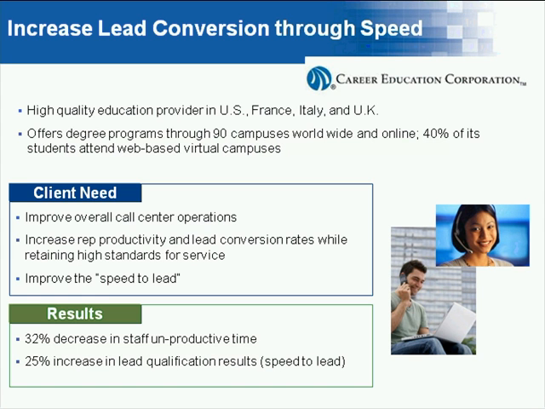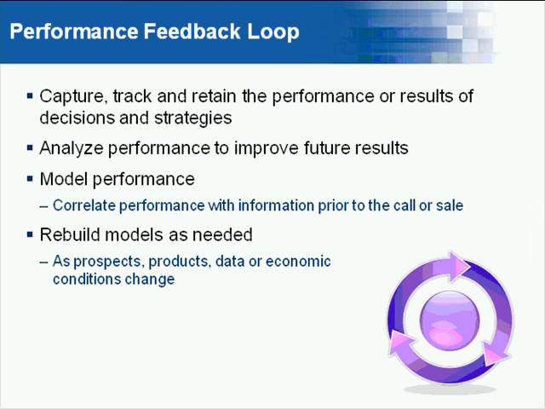And they're leveraging real-time campaign decisioning to be able to make that happen. And so as a result of that focus on speed to lead and the use of this analytic decisioning technology, they're achieving massive improvements in both productivity and lead qualification.